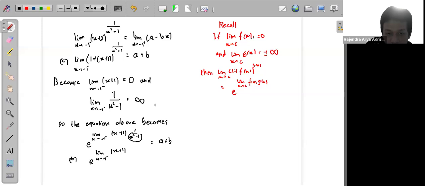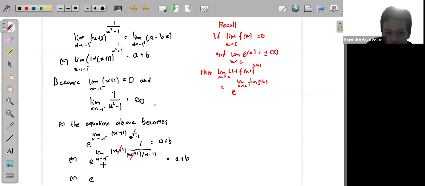Here we can factorize that into x plus 1 times x minus 1. So we have x plus 1 here and x plus 1 there, they cancel each other out. And now we have no problem left, right? So we can just plug in -1 into here.